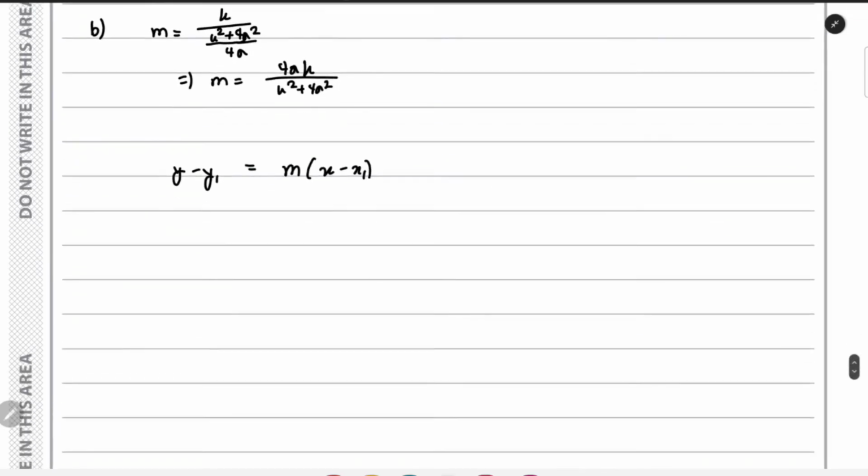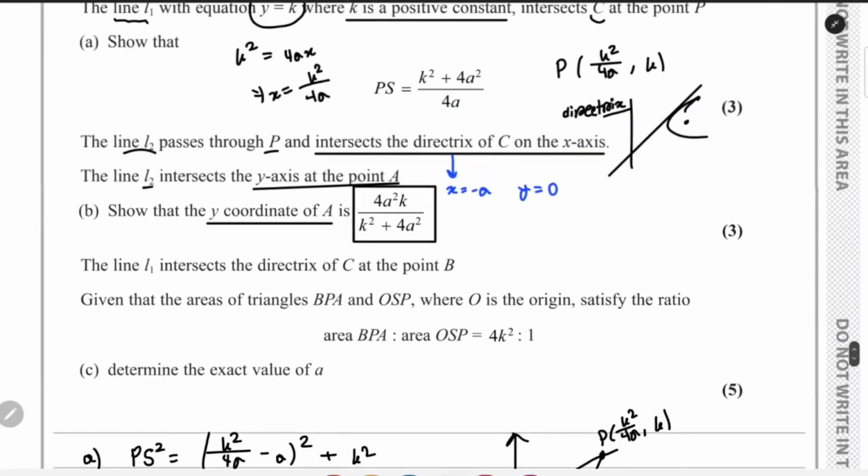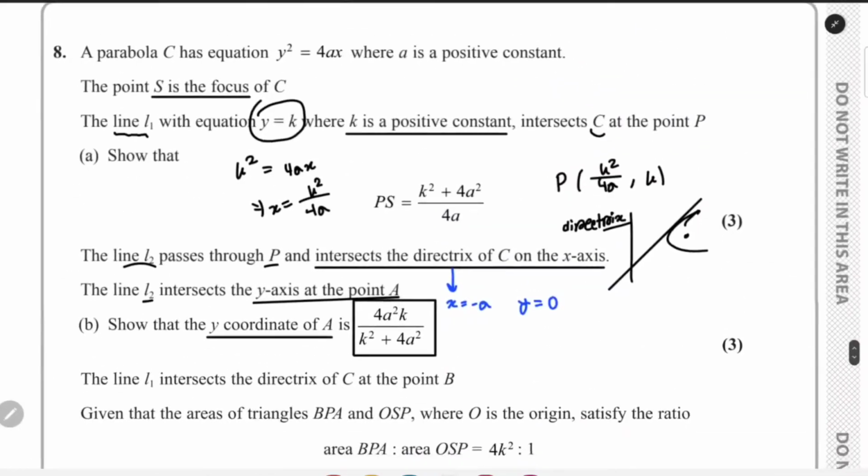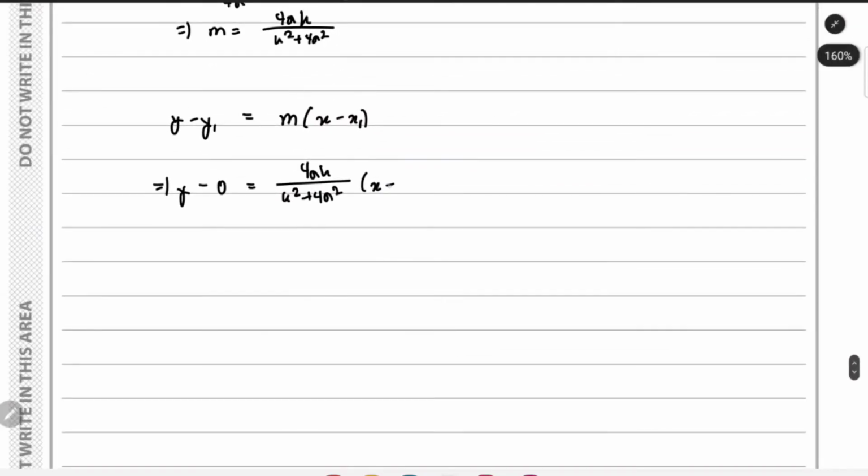I'll get y minus the y value over here, which is 0, equal to the gradient, 4ak divided by k square plus 4a square, multiplied by x minus x1, which is minus a, so x plus a.